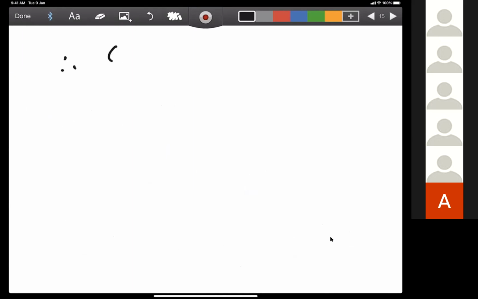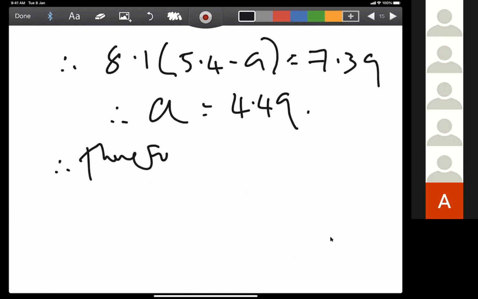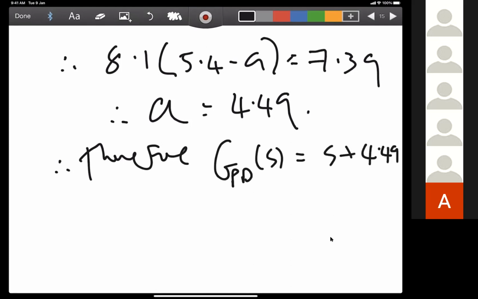Then 8.1, 5.4. So A will be 4.49. Therefore, S plus 4.49 is the PD controller.